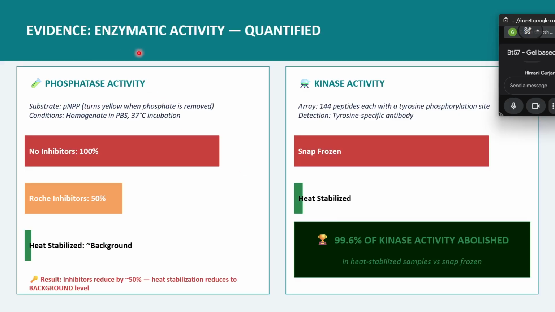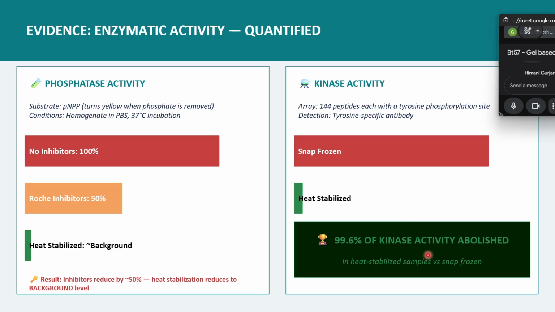So what they have found is, in terms of phosphatase activity, the heat stabilized sample didn't give much of a background, so phosphatase activity was checked. Similarly, kinase activity was checked. In the heat stabilized sample, 99.6% of kinase activity was abolished. What does kinase do? It adds a phosphate group to your protein, right?